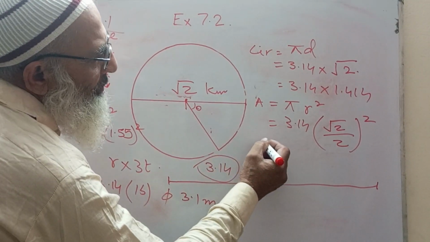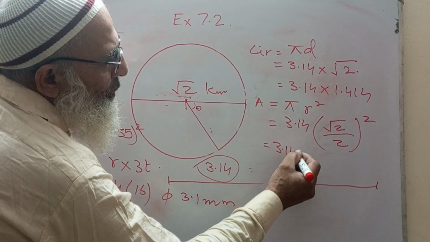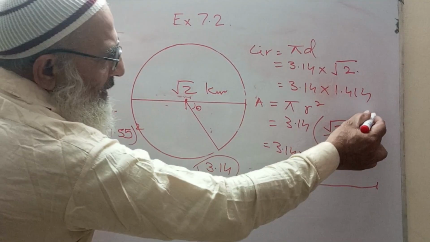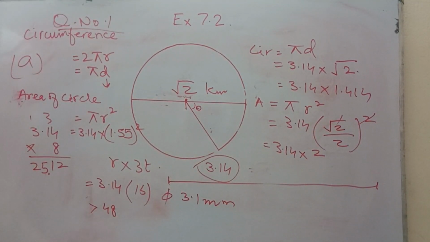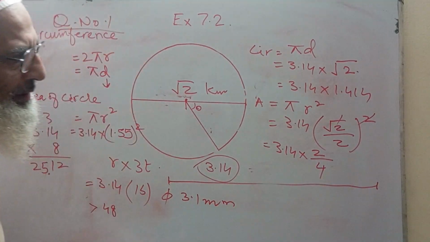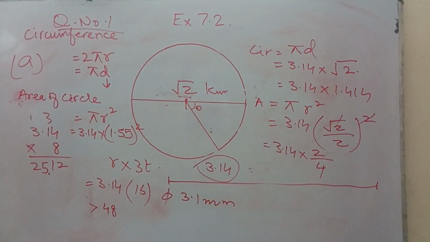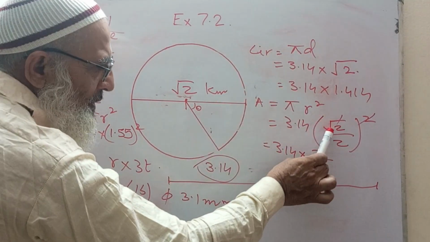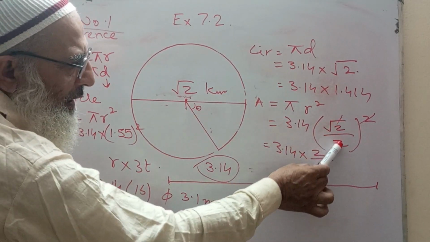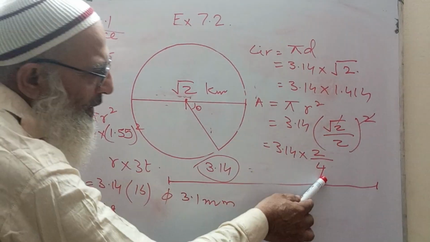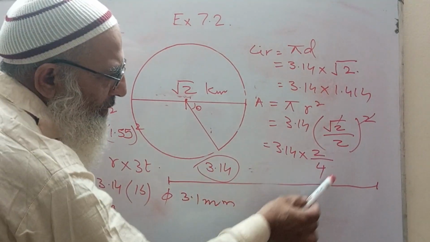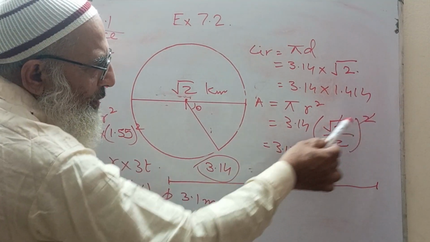And if you don't want to open the root 2, you can do it like this. So it will become 3.14 multiplied by 2. When the square applies to it, it will cancel the root, and it will apply to both the numerator and the denominator. So the denominator will become 4, and the root will be cancelled.